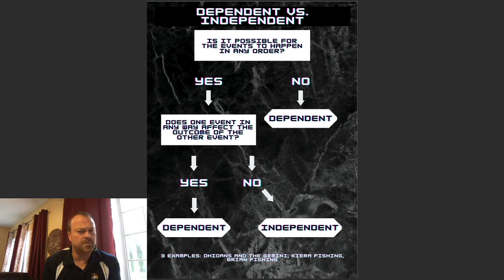So if he caught a perch, then there'd be a less likely chance to catch another perch because there's less perch in the lake, and a higher likelihood of catching bluegill the next time around. So does one event in any way affect the outcome of the other event? Yes, it does. Now, in Bryan's case, it doesn't affect it that much, but it does affect it in some way. So this is dependent as opposed to Kiera's independent.